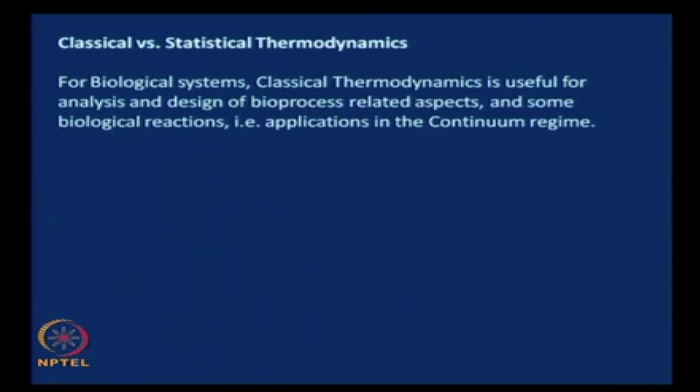For biological systems, classical thermodynamics is useful for the analysis and design of bioprocess related aspects and some biological applications or biological reactions. Essentially, when you can consider something to be in the continuum or continuous, then you can apply classical thermodynamics principles to come up with useful relationships.